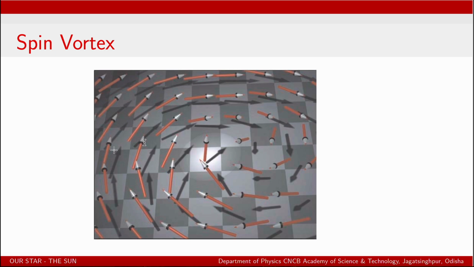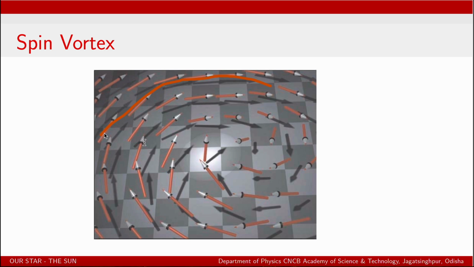Spin vortex means all the spins, or magnetic moments. Spins can be attributed to electrons or any charged particle. Let's consider electrons. Suppose these are electrons and these are spins of the electrons, and right now they are frozen in space. You can see the spins align themselves in a particular circle. If you go around the circle, when you come back to the same point, the spin aligns with itself.